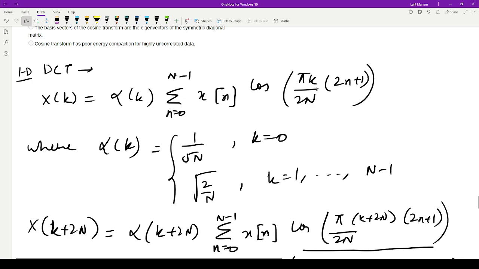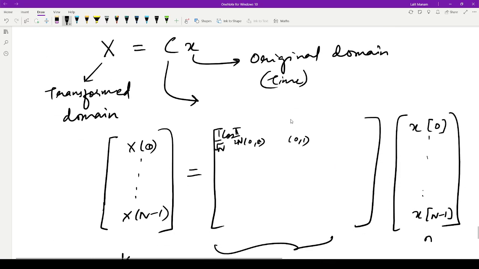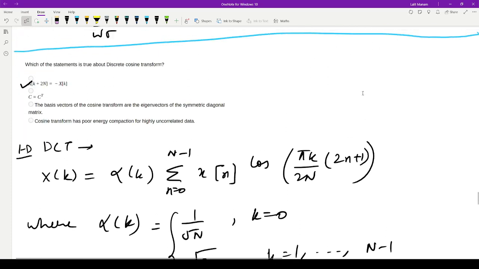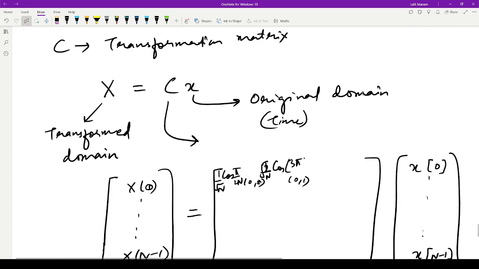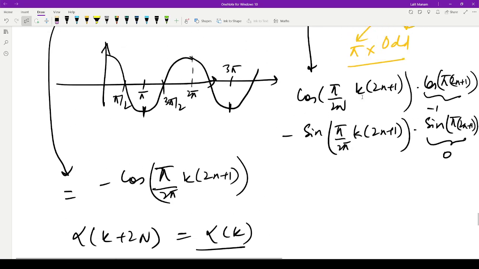Cos of 3 pi k upon 2n, this is by square root of 2 by n cos of 3 pi k. If k is 0, you have to put it 0. Cos 0 is 1. All of this will turn out to be 1 into 1. This is for 0 comma 0.